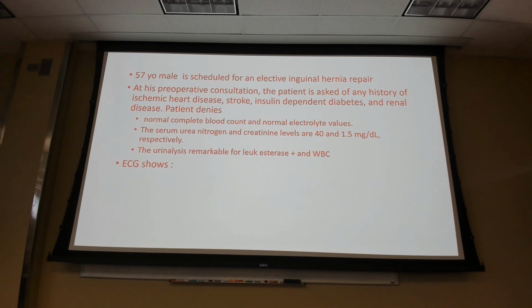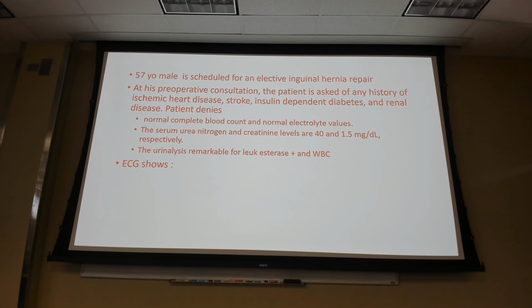What does elective mean? It's obviously not urgent or emergent, so they can get it delayed up to a year. What sort of diseases would delay this patient's surgery or we have to work up prior to the surgery? Cardiovascular, good.